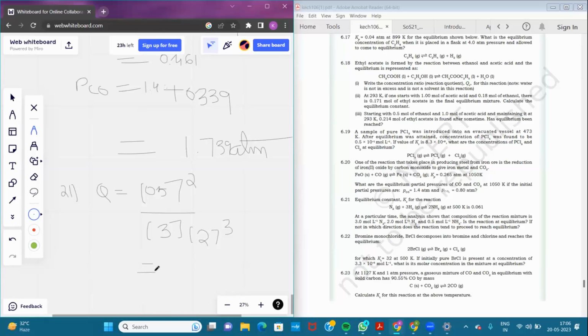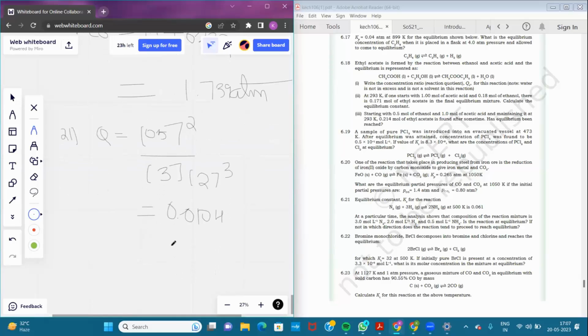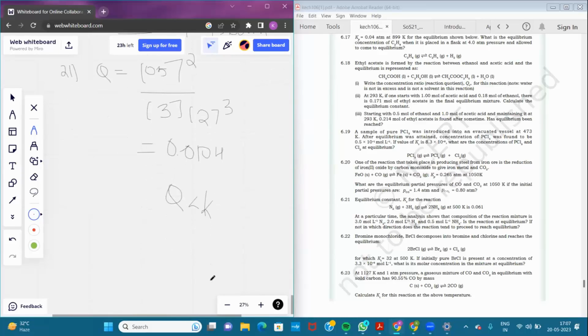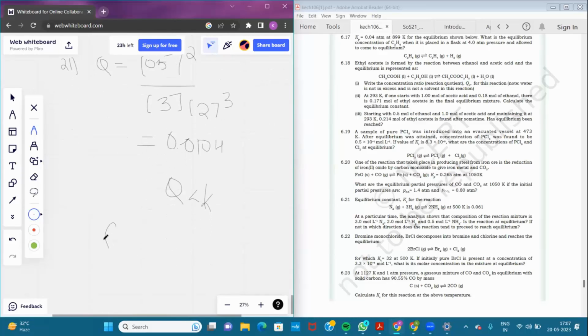Then we'll obtain the value 0.0104. This is less than Q. Q is less than K. So the reaction will proceed further. Next question.